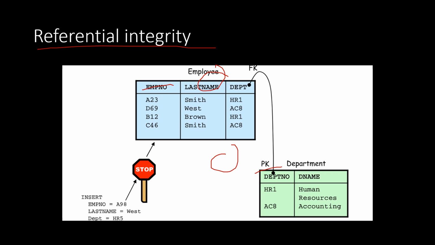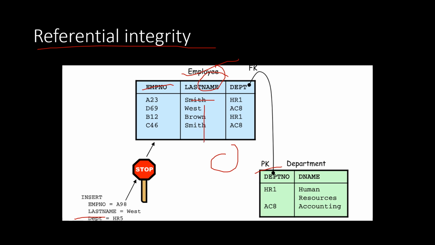An employee who works in the department HR5 cannot be entered into the employee table. Why? Because there is no corresponding entry in the department table.